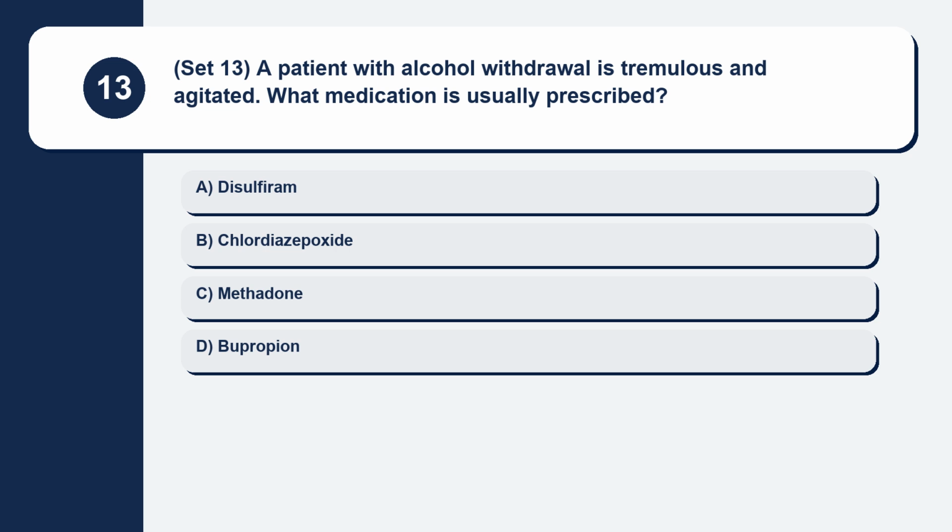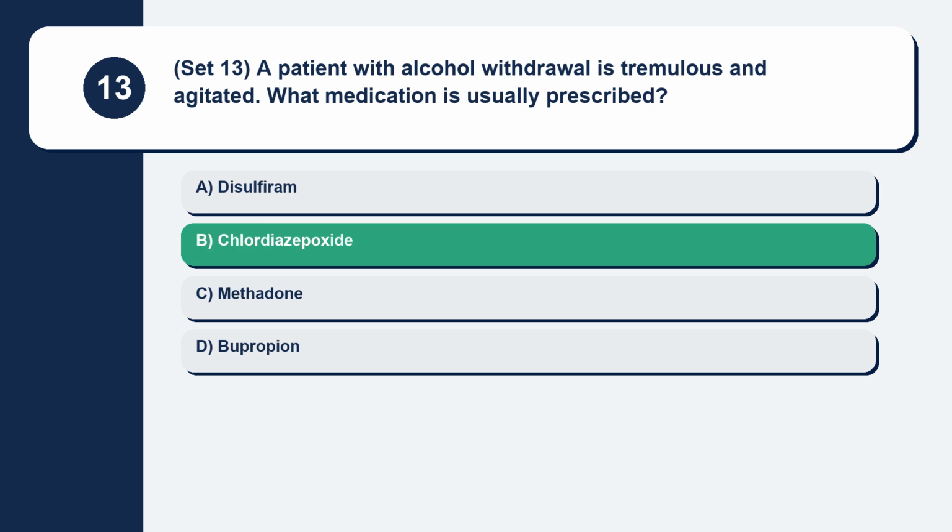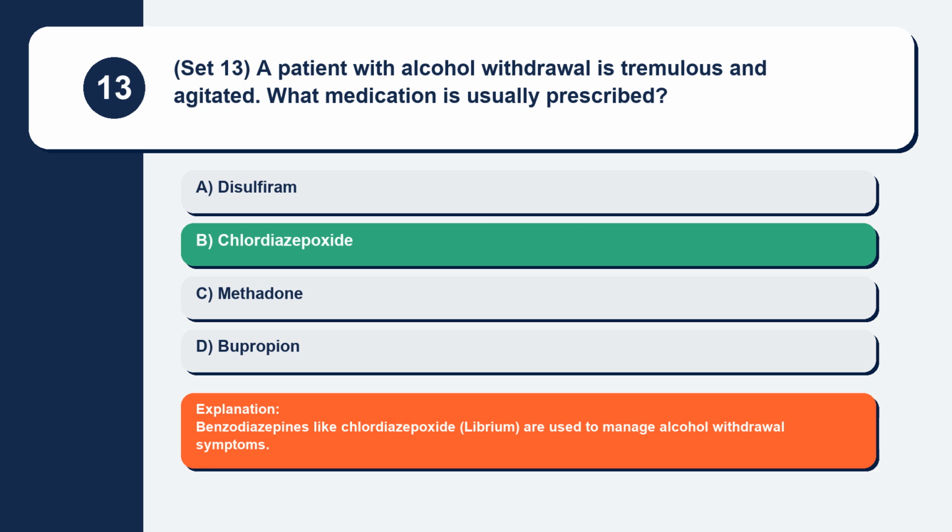Question 13. Set 13. A patient with alcohol withdrawal is tremulous and agitated. What medication is usually prescribed? Disulfiram, chlordiazepoxide, methadone, bupropion. Benzodiazepines like chlordiazepoxide, Librium, are used to manage alcohol withdrawal symptoms.